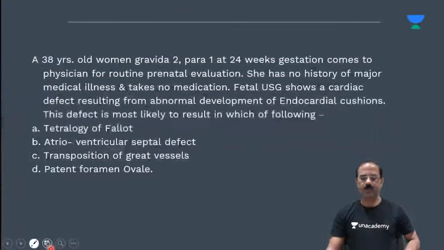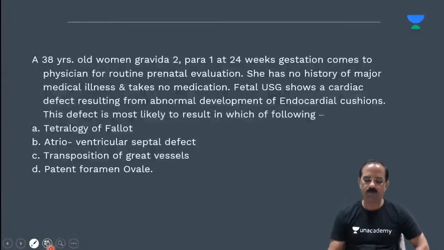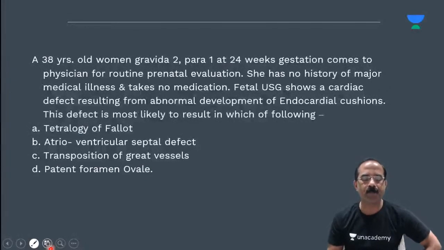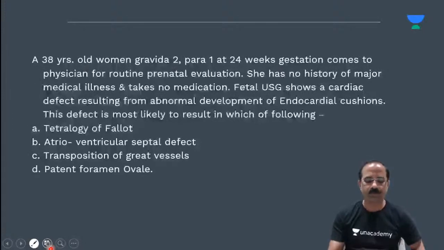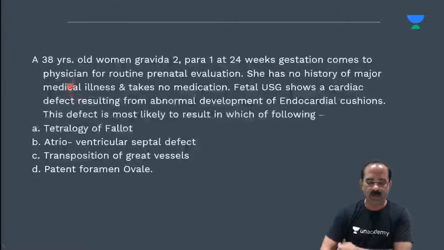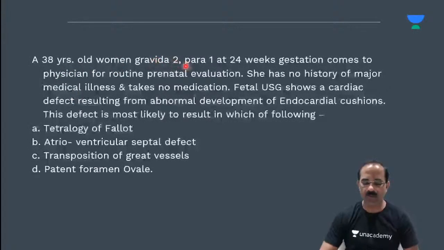Answer this. A 38-year-old woman, gravida 2, para 1, and 24 weeks of gestation comes to the physician for a routine prenatal evaluation.